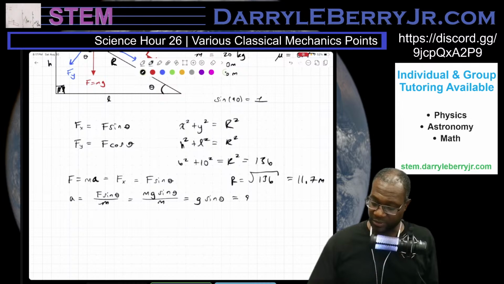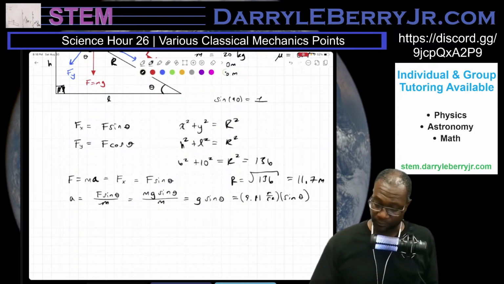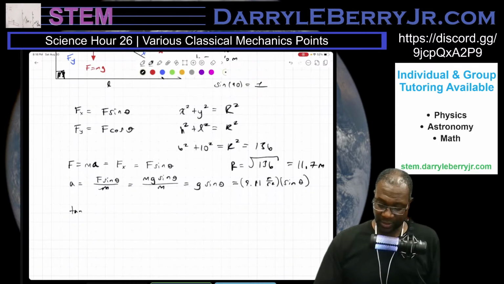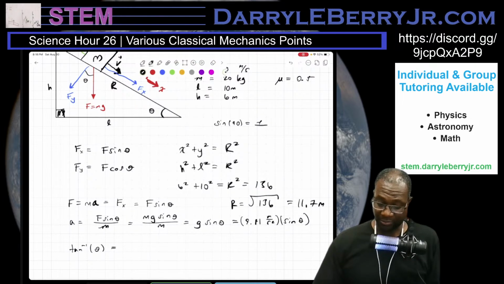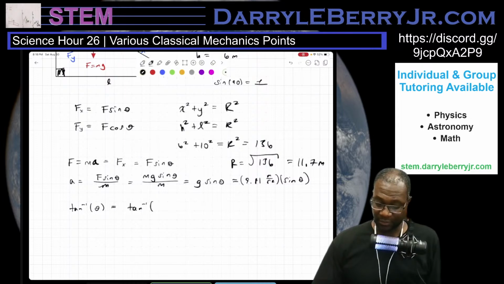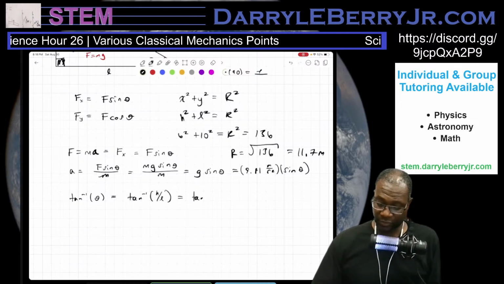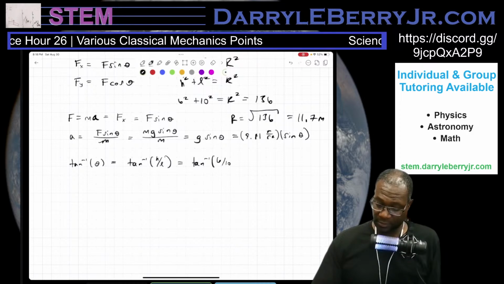So we're using in class 9.81 meters per second squared sine theta. And we need to figure out what theta is. So we can use tan inverse of theta equals opposite over adjacent. So tan inverse, opposite is H over L. So that's tan inverse 6 over 10.